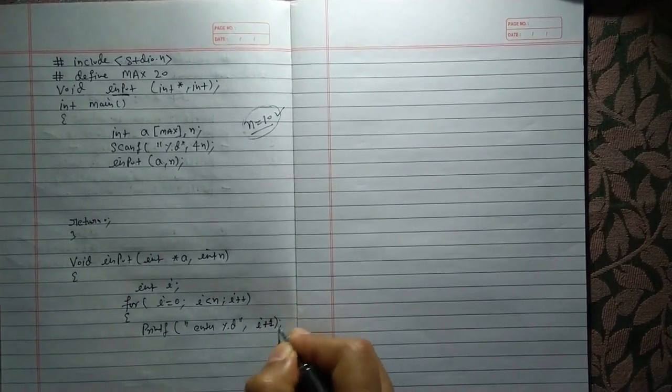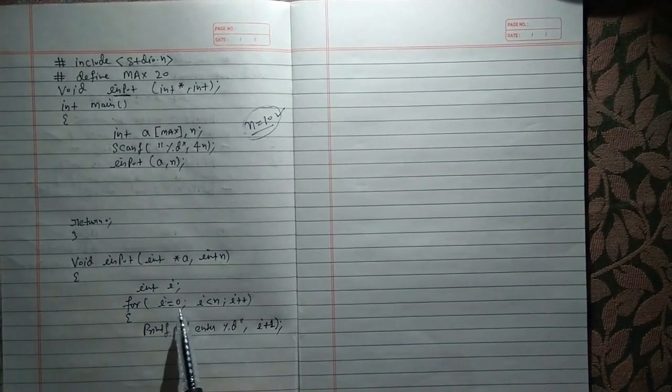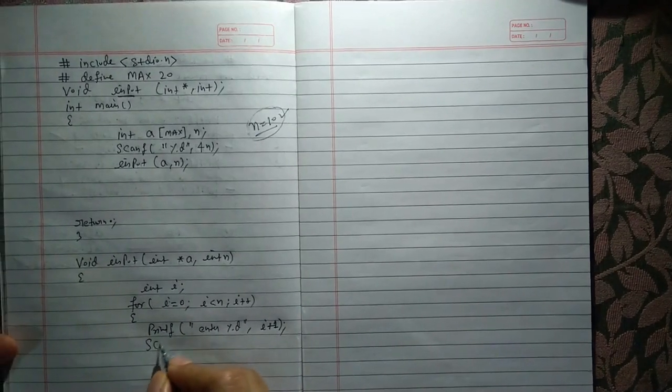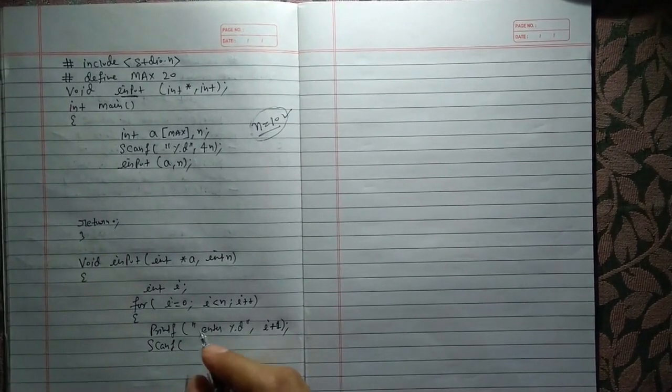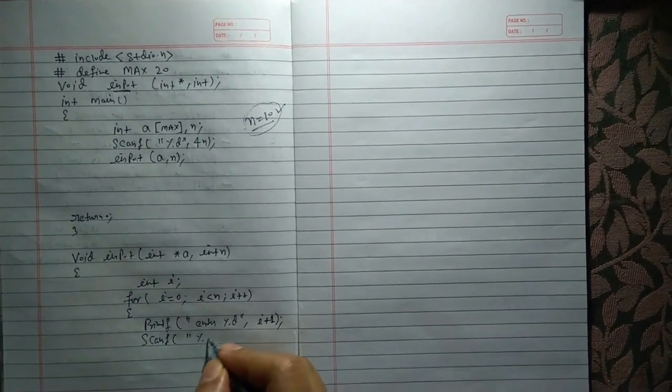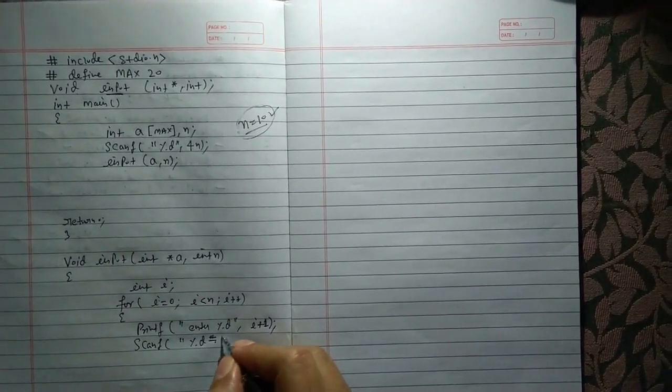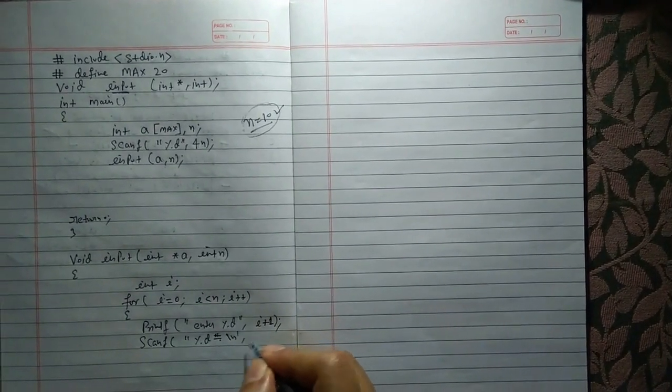This is i plus 1. So at first i is equal to 0. Your printf enter will print "enter %d", meaning i is 0, 0 plus 1 is equal to 1. So 1 will be printed. Then I am writing scanf "%d", \n, a plus i.